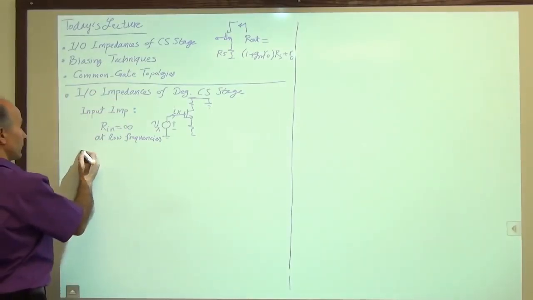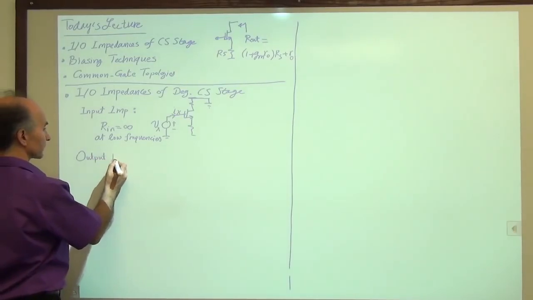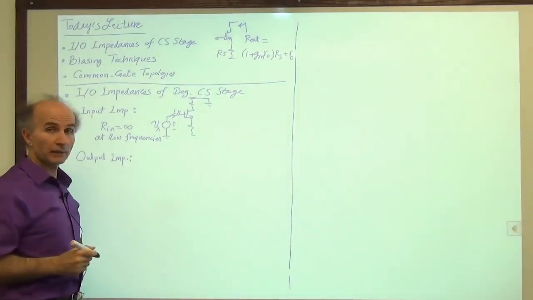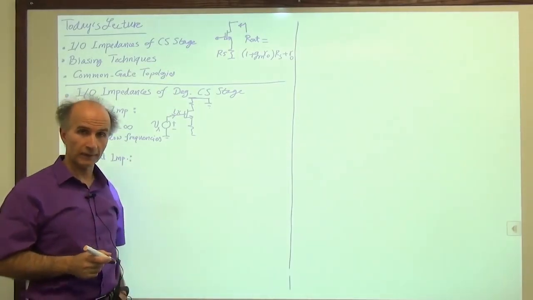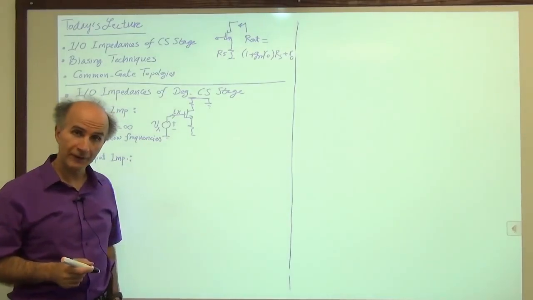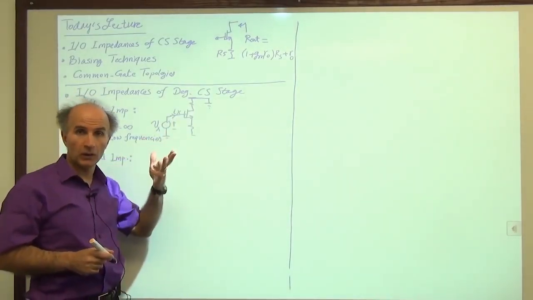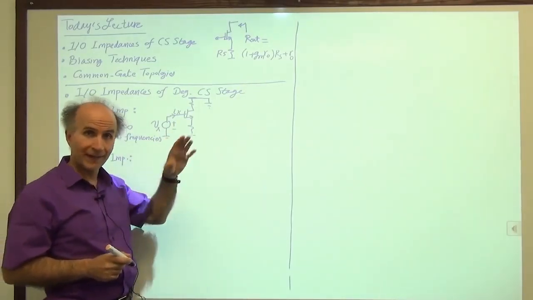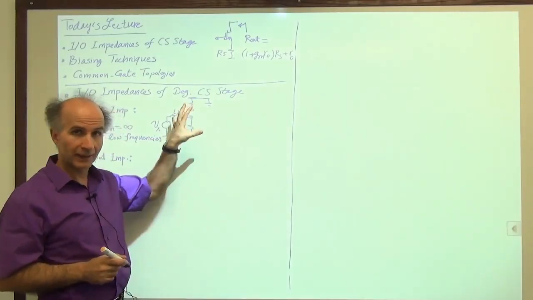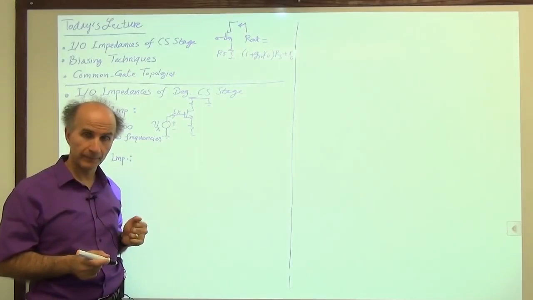Okay, for the output impedance, let's see what we can do. Now, should we or should we not include channel length modulation? Well, as I said last time, when we are finding the voltage gain of the circuit from here to here, we, at least in this course, neglect channel length modulation, because with channel length modulation, the gain expression is more complicated, and in fact, I don't even remember it.